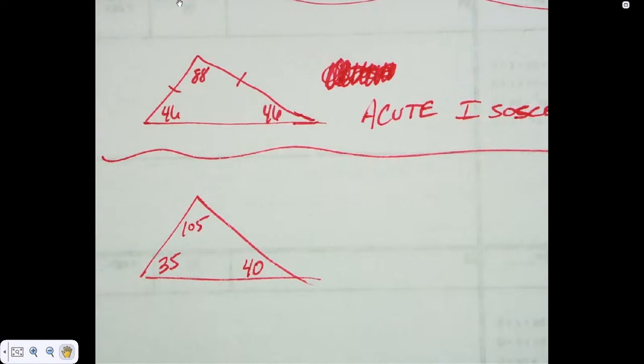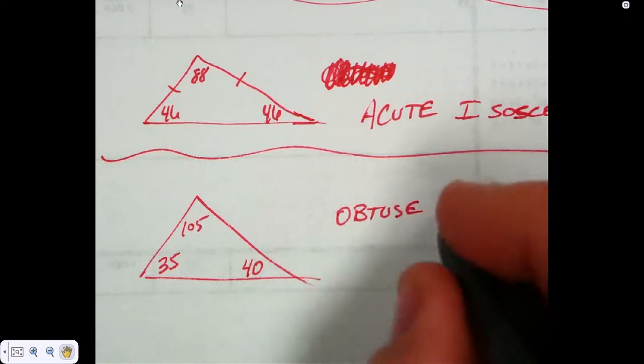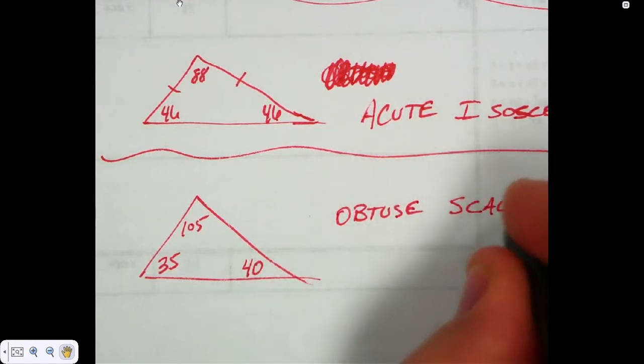Classify this triangle. First, by the angles, it's obtuse. Obtuse scalene.